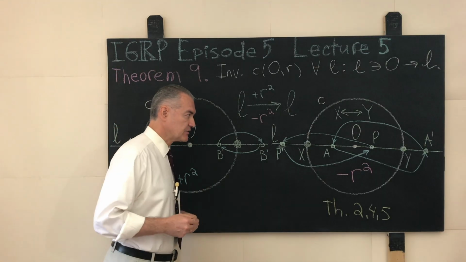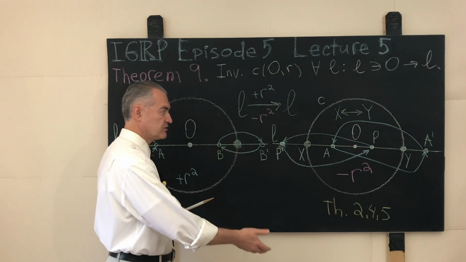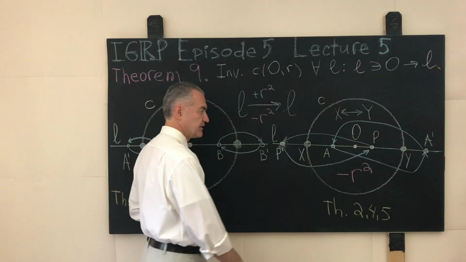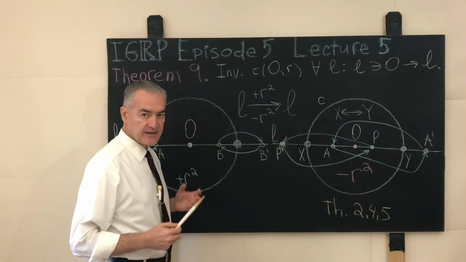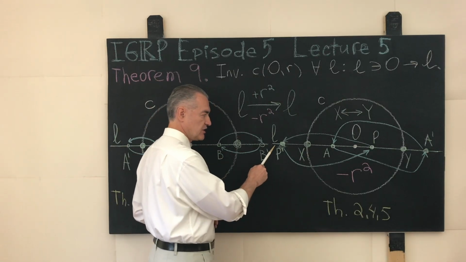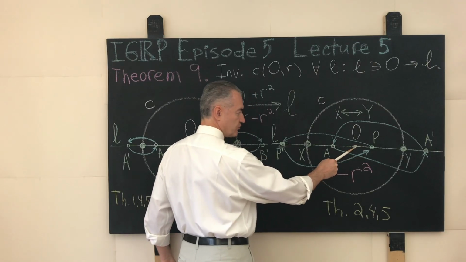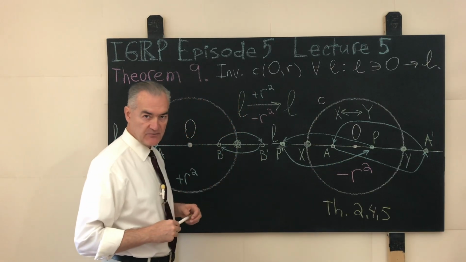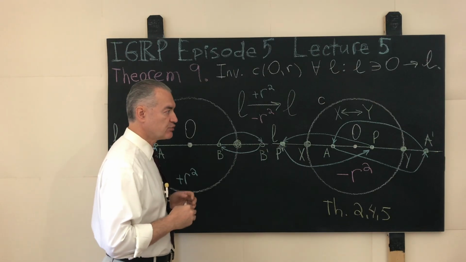Again, you can consult the previous segment. That point is taken into a point at infinity, and conversely, the point at infinity is taken into the point O. Thus, the structural integrity, or more technically, the continuity of the given straight line L that passes through that point, the center of inversion, will not be violated, or that continuity will be preserved.